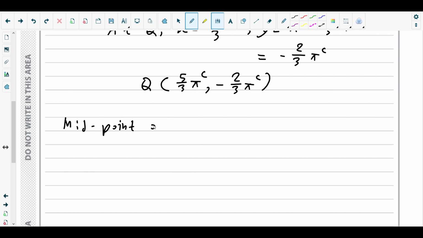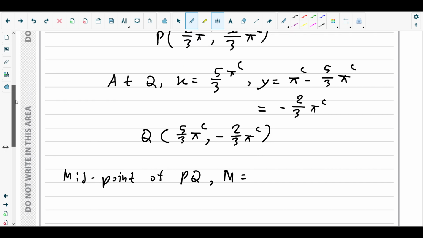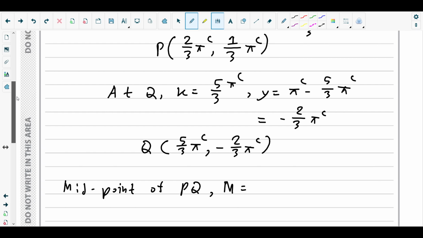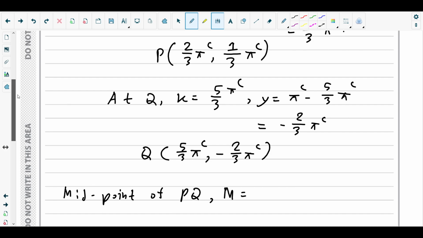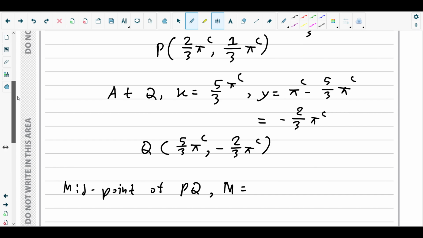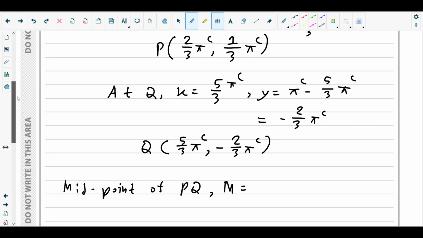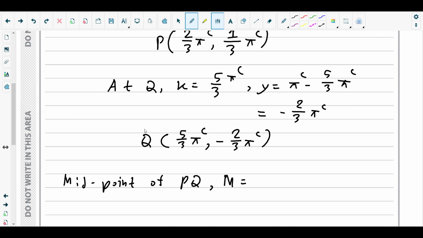Now the midpoint of PQ, consider this as M. The x coordinate of M is the average of the x coordinates of P and Q, and the y coordinate of M is the average of the y coordinates of P and Q. So 2 over 3 plus 5 over 3 is 7 over 3, divided by 2, that is 7 over 6 pi radian, the x coordinate of the midpoint.